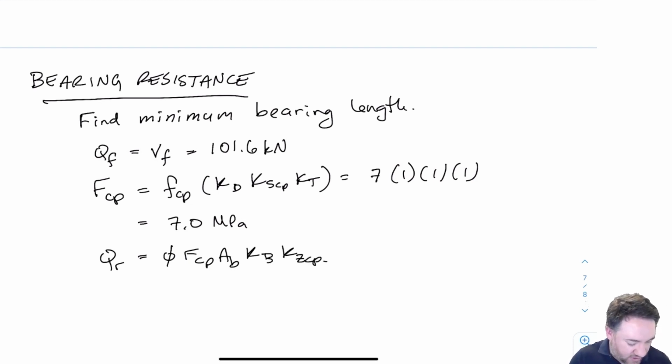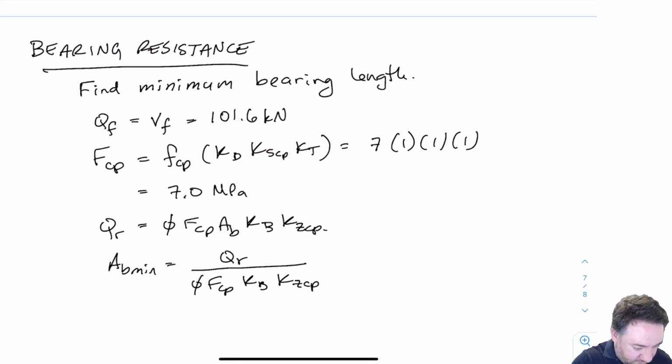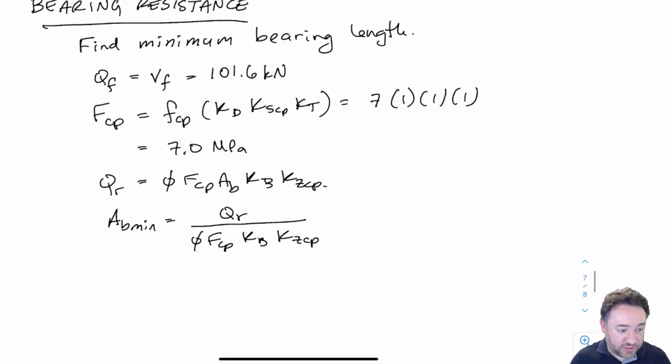And what we're going to want to do here is rearrange this to solve for AB min, our minimum bearing area required, which is going to be QR divided by phi FCP KB KZCP. This is for the all applied loads case. And we're going to deal with the loads near a support in just a second, because that one is a little bit tricky.